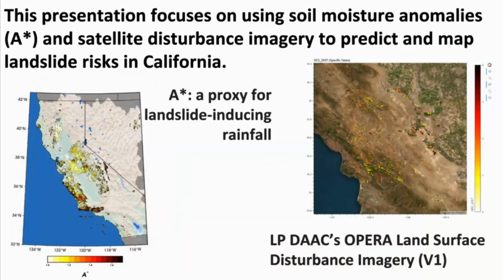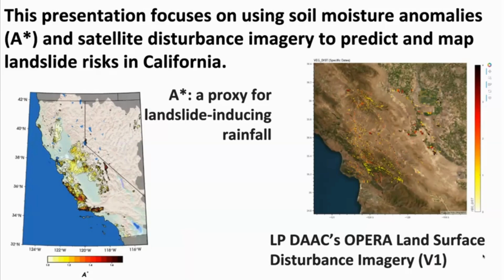For my project, I basically broke it down into two models. There's the A-star model, which identifies soil moisture anomalies to predict landslide risk, which is the prediction model. And then there's the detection model, which is the OPERA disturbance product, which provides detailed satellite imagery that identifies changes in land cover and surface conditions. I want to get through the acronyms really quickly, because NASA loves their acronyms.